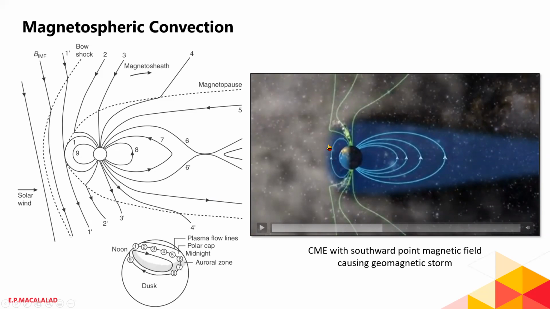And this is detected using magnetometers around the world. So depending on which area or location you place the magnetometers, different magnetic or geomagnetic indices are formulated.